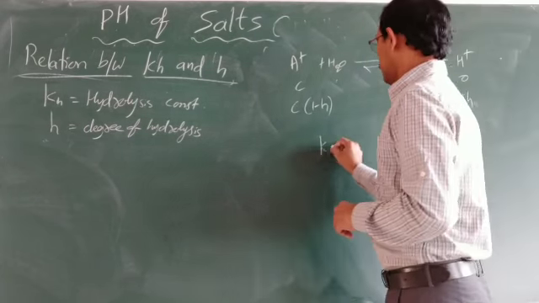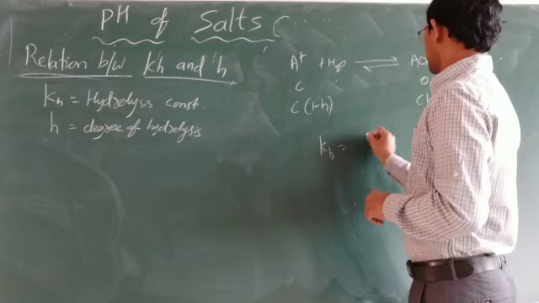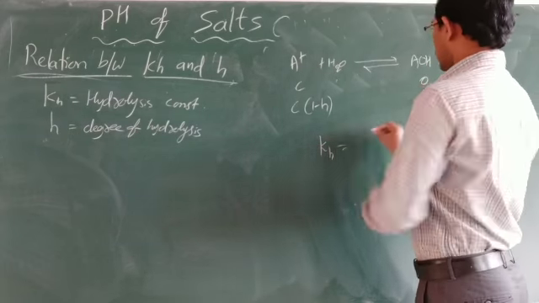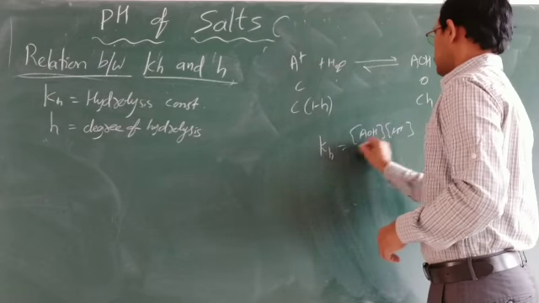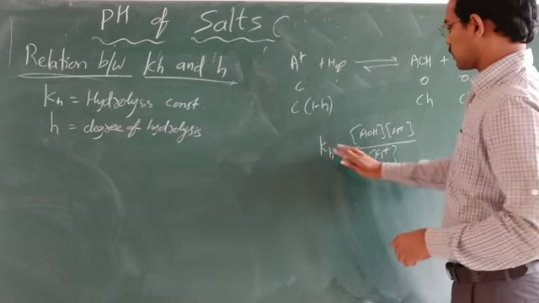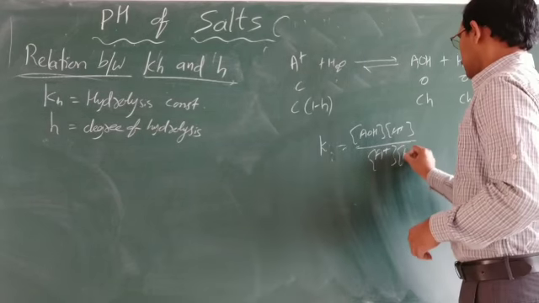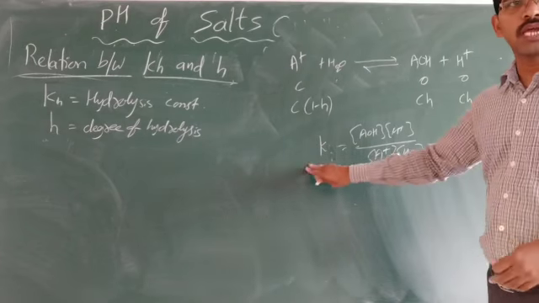Then I am applying KH equal AOH into H plus concentration upon A plus. So I can take only K. I'm taking here water molecule. Right. So this water molecule into K becomes KH.